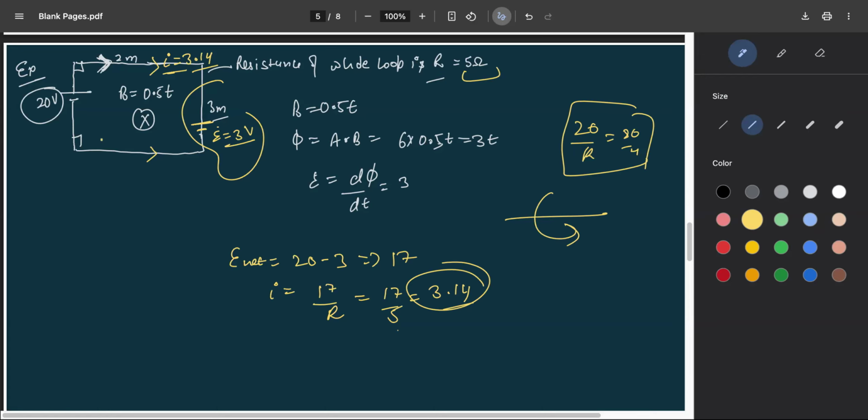How? Because earlier, due to this 20, there was already some current, right? Some magnetic field is already there. Now your field is also increasing. This increasing field is providing some opposition, so the current itself gets reduced by some amount, but this constant current was very large.